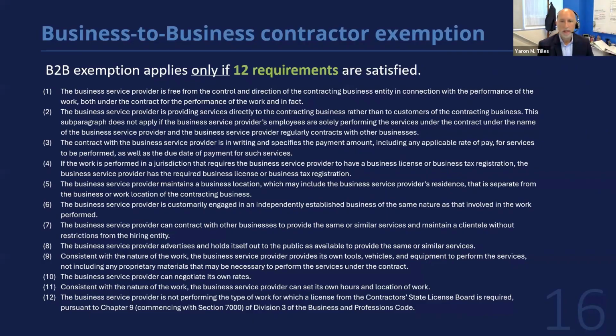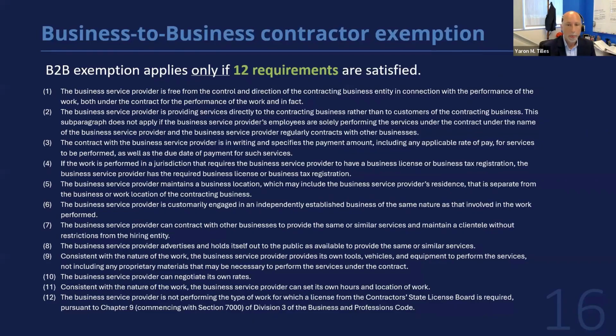Number 8 is that this particular service provider is advertising and holding itself out to the public to provide the same or similar services. Again, that this is not just between you and the service provider, but that they are conducting this business and providing it to others and actively engaged in holding themselves out or advertising or marketing such business.